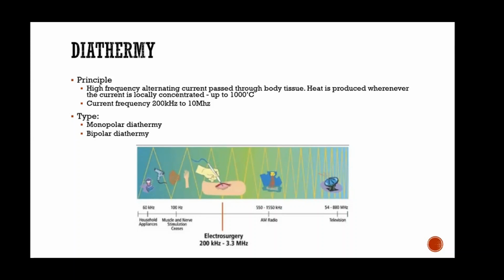The heat can be as hot as 1000 degrees Celsius. The current frequency ranges between 200 kilohertz and 10 megahertz. Within this range, it will not affect your muscle contractility or nerve stimulation. There are two types, monopolar diathermy or bipolar.